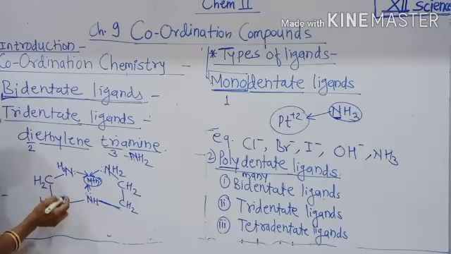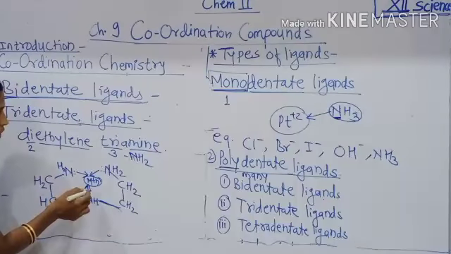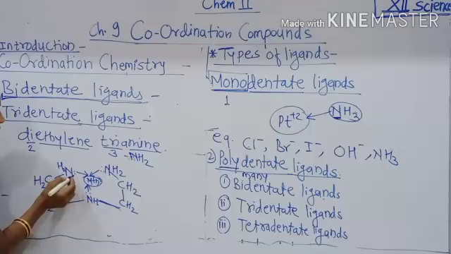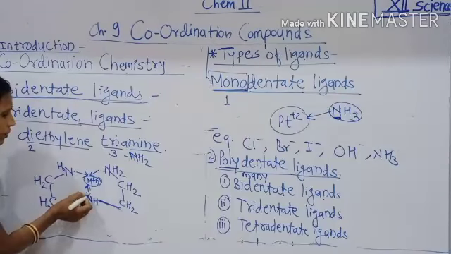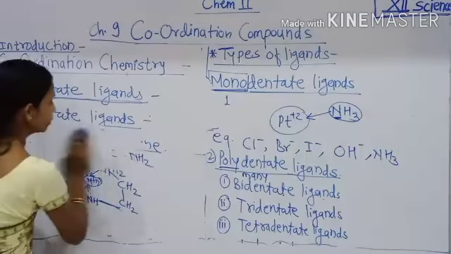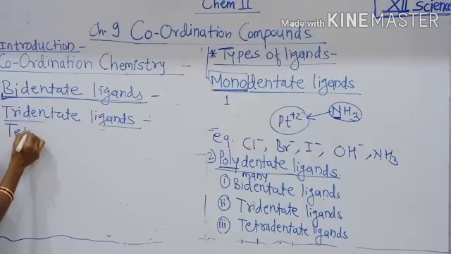In this example, the central metal ion is coordinated with this ligand through 3 different nitrogen atoms. Therefore, it is a tridentate ligand. Then we will discuss tetradentate ligand.